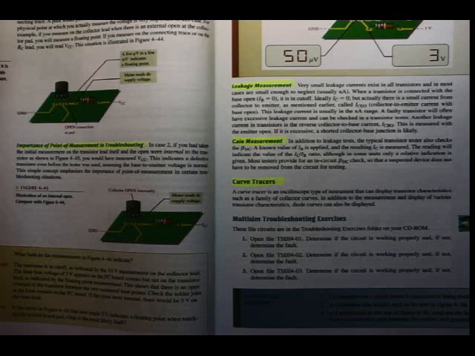Also, you do get curve tracers. It is an oscilloscope type of instrument that can display transistor characteristics such as a family of collector curves. In addition to measurement and display of various transistor characteristics, diode curves can also be displayed. There are some other fancy instruments that you can also use to test transistors.